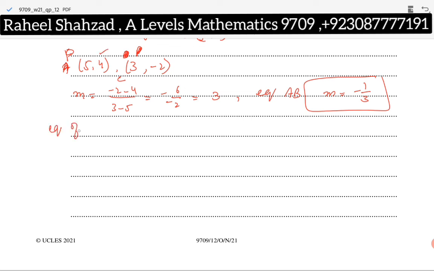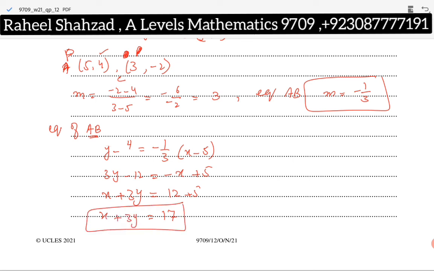Equation of AB is going to be y minus y1 is equal to m into x minus x1. So that is equal to 3y minus 12 is equal to minus x plus 5. So x plus 3y is equal to 12 plus 5. It is 17. x plus 3y equals 17.